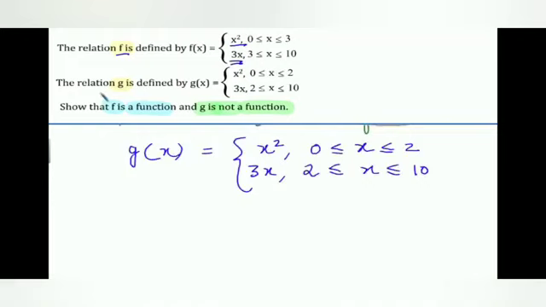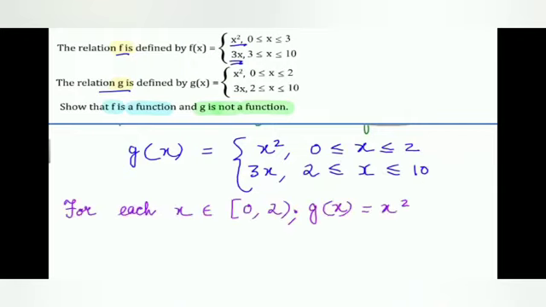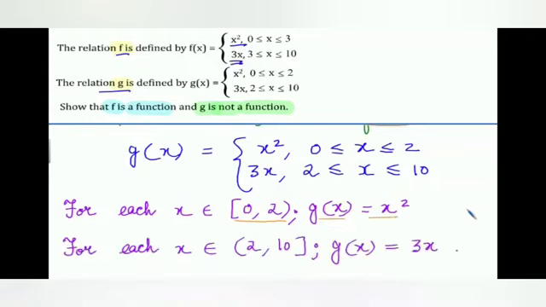Now we are moving to the function g, the relation g. Relation g is defined: g of x is equal to x square between 0 to 2, and 3x between 2 to 10. So for each x belonging to 0 to 2, g of x is equal to x square. Between 0 to 2, your g function will be x square.